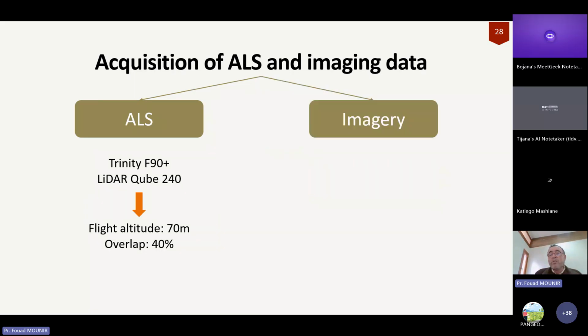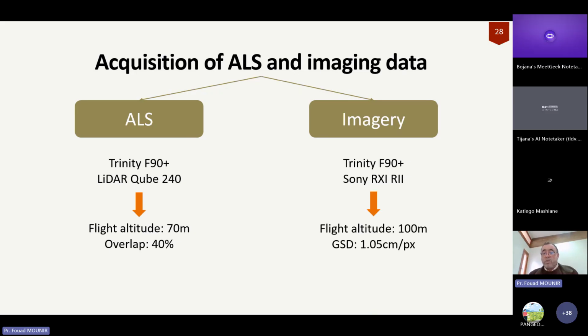Concerning the imagery, we used the same drone, but we put on it a Sony camera to take the images, and the flight was at an altitude of 100 meters, with a pixel accuracy of about 1 centimeter per pixel. The flights were planned using the QBase 3D program, which gives the autonomy of the drone.